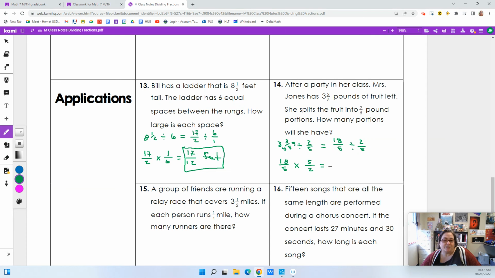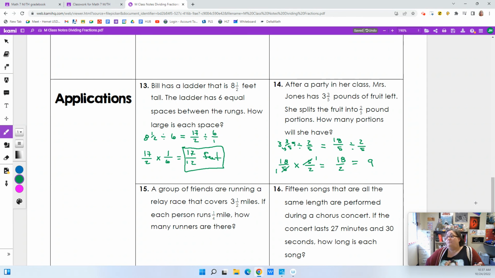Now, you remember that little trick I told you before? Like, I know I could cross this 5 out and this 5 out and make them ones, right? I can just reduce those right there, and I'd be left with 18 over 2, which we know is just 9, right? 18 divided by 2 is 9.